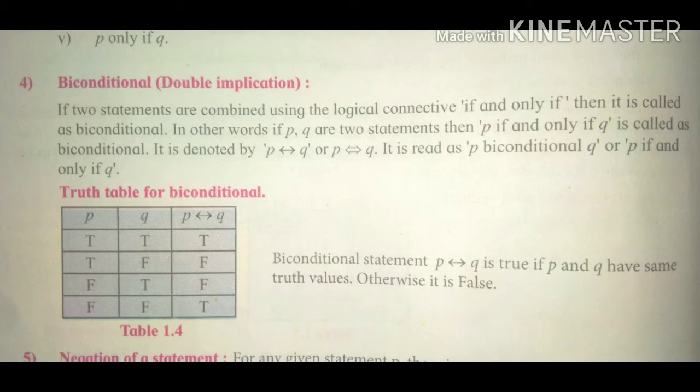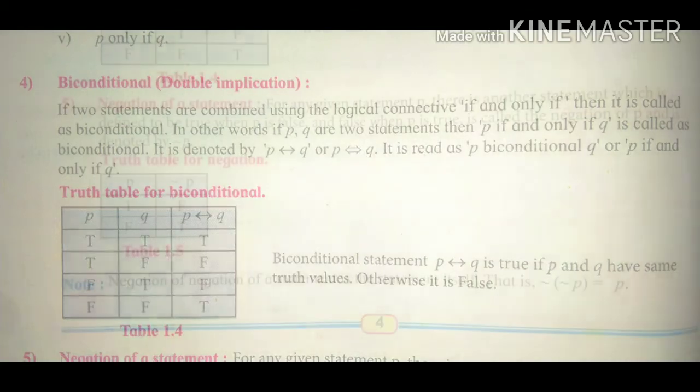It is denoted as P double arrow Q. It is read as P biconditional Q, or it can also be read as P if and only if Q. In the truth table, we have to remember that a biconditional statement is true if P and Q have the same truth value, that is, either both true or both false.